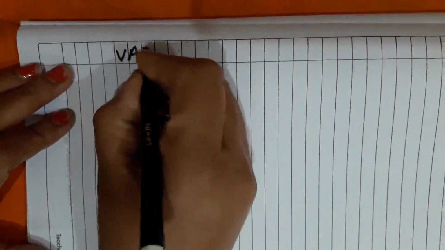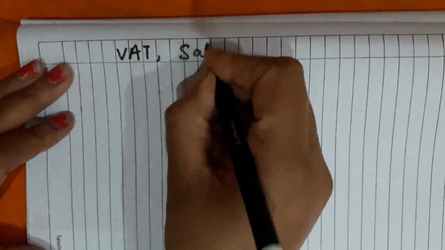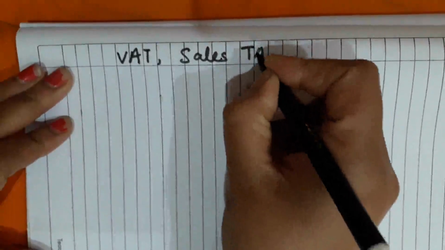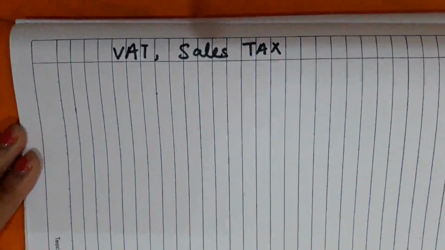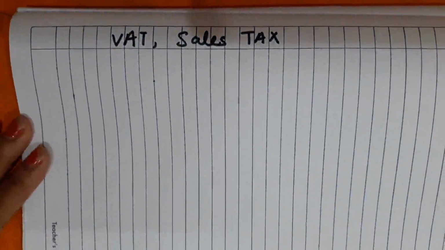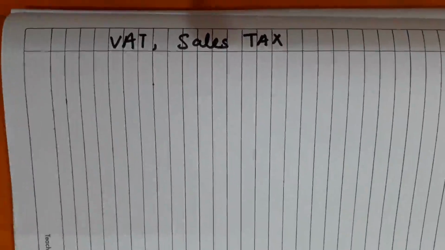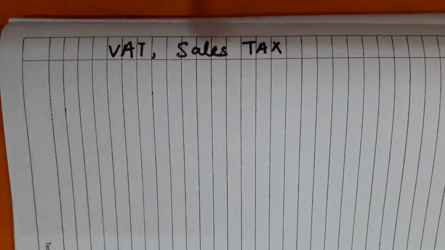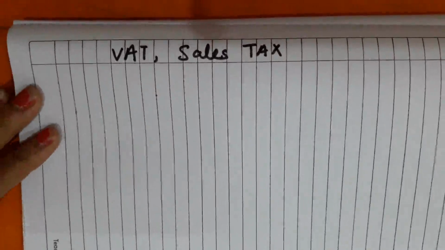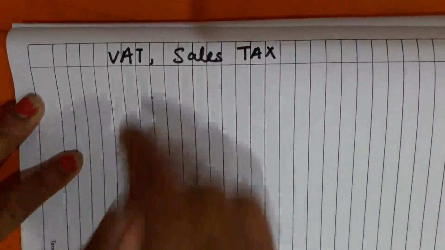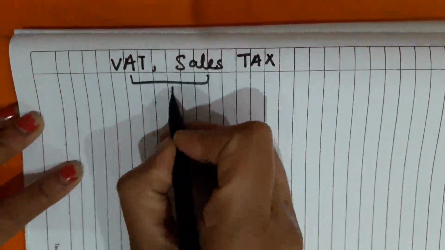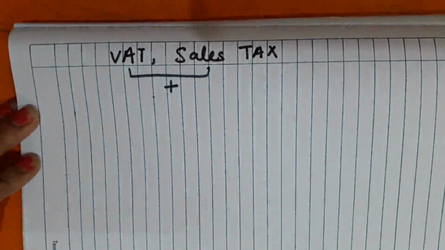Now let's talk about two more terms, that is VAT and sales tax. See children, in the previous part we have discussed discount. So when you are getting discount, it means you have to reduce some particular amount from the actual price. But when you are talking about VAT and sales tax, in these two terms you have to add to the actual price.